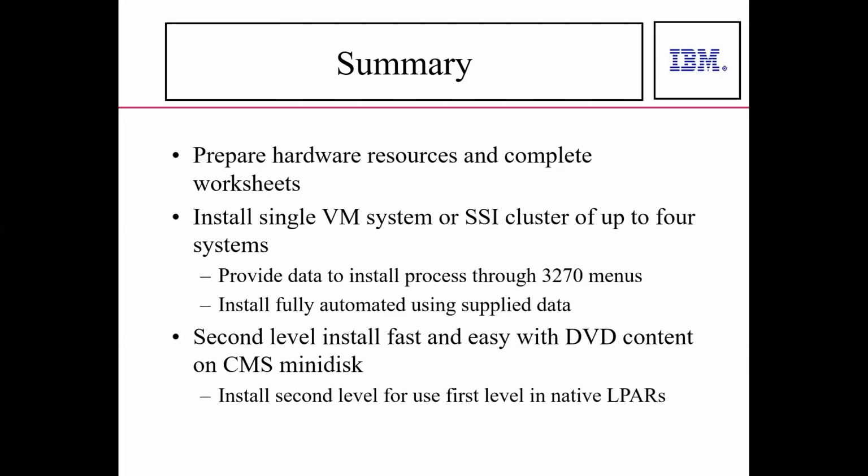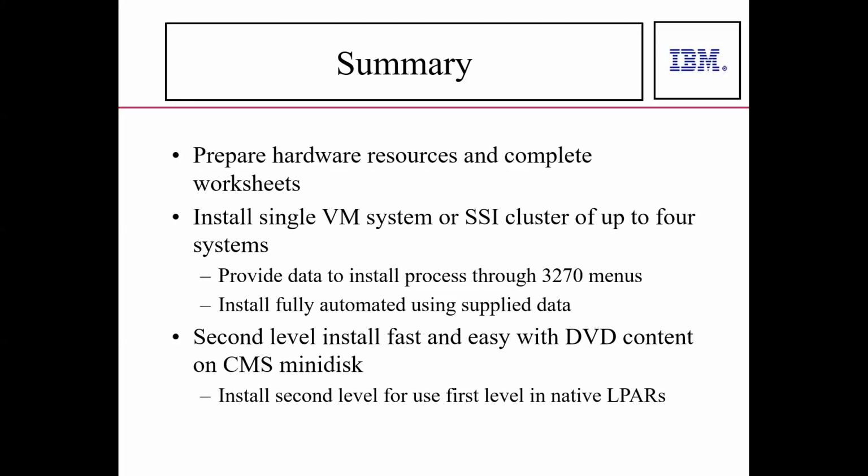So in terms of trying to summarize where we are in the installation, you can see we had to prepare our hardware resources and complete our worksheet. For the first level install, I needed to set up an LPAR. That meant I had to do some IOCP work to provide IO devices to a particular LPAR.